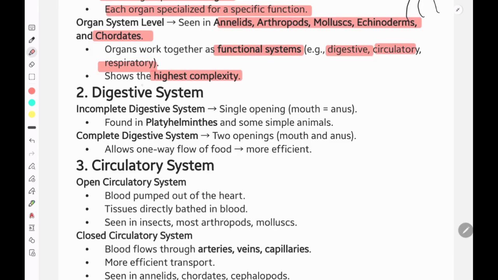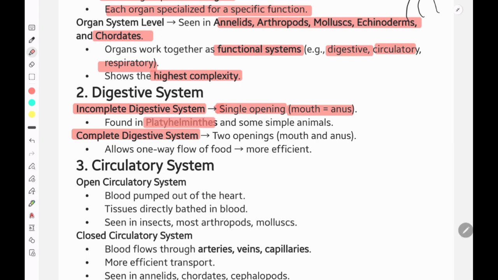Let's start with the first organ system, that is the digestive system. Animals are classified on the basis of whether they have a complete or incomplete digestive system. An incomplete digestive system means there is a single opening for both intake and outtake of food; ingestion and egestion are both done by the single opening.